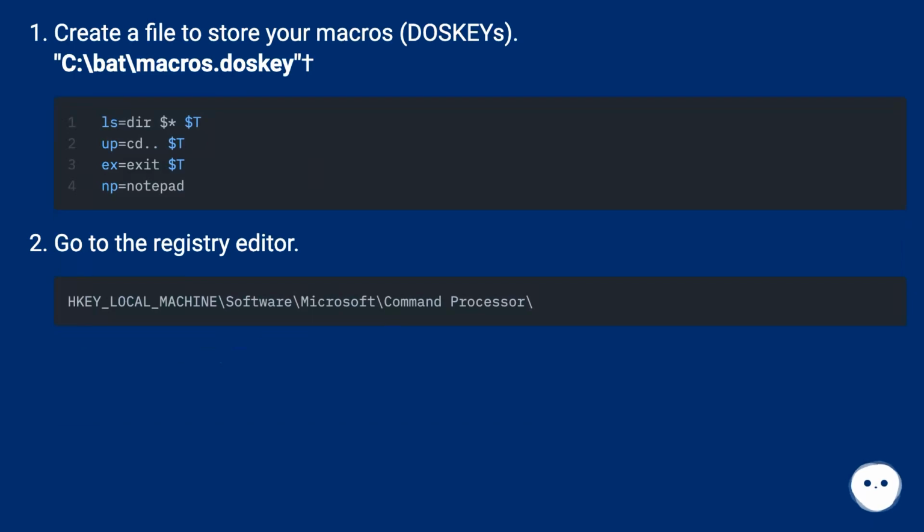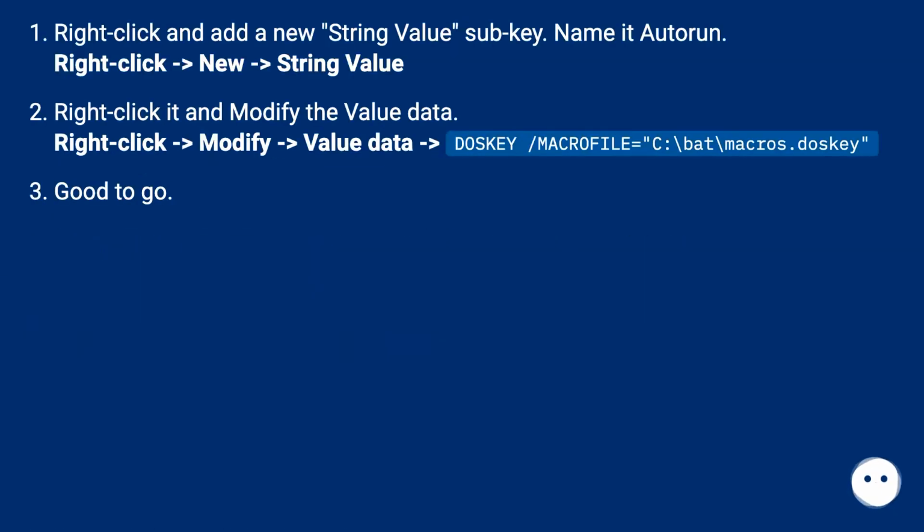Create a file to store your macros, Doskeys: c:\bat\macros.doskey. Go to the registry editor. Right-click and add a new string value. Name it AutoRun. Right-click, New, String Value.